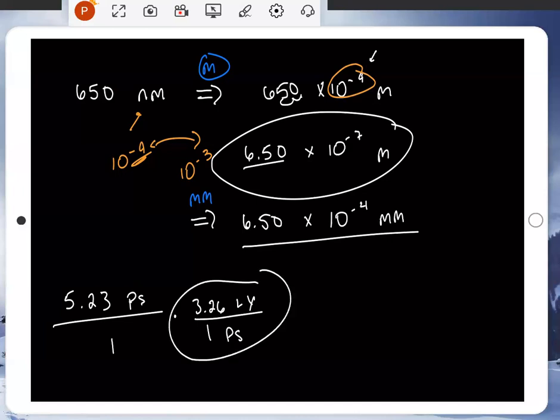This is called the conversion factor from parsecs, because that's what I got rid of, to the new unit, light years. So 5.23 parsecs is exactly the same thing as 17.0498 light years.